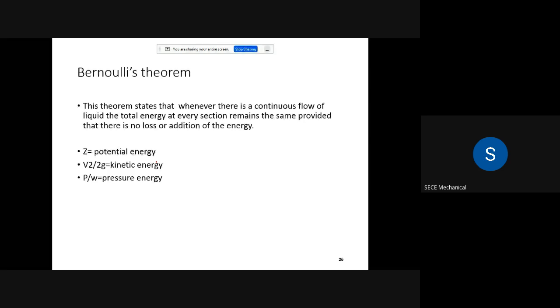This Bernoulli's theorem is derived from Euler's equations of motion, right? It is an equation of motion in which the forces due to gravity and pressure are taken into consideration. For example, when water is flowing in at the inlet, there will be a change in pressure.